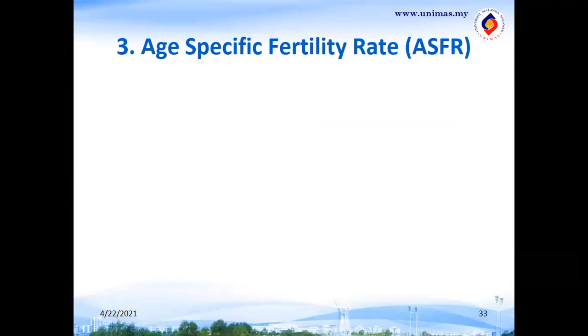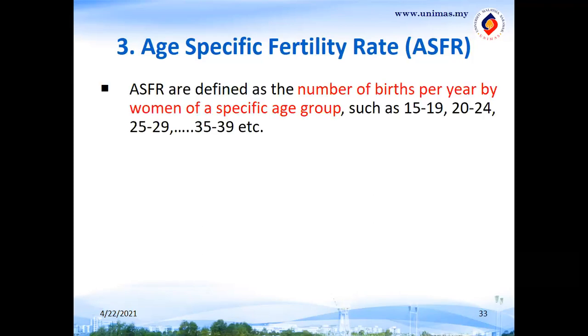Kita ada banyak lagi. The next one is called age-specific fertility rate. Age-specific fertility rate ataupun mengikut cohort lah, if you will. So the age-specific fertility rate ini defined as the number of birth, bilangan kelahiran per year by women of a specific age group within the reproductive age tadi lah.